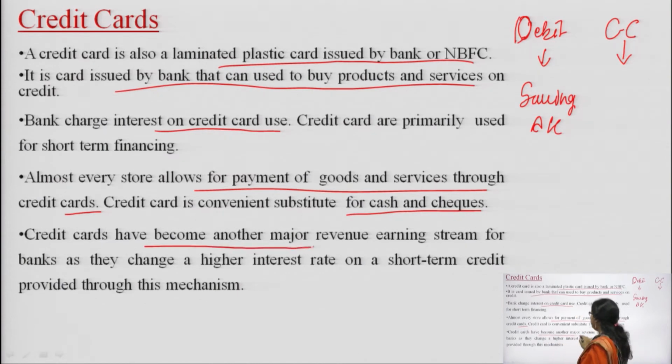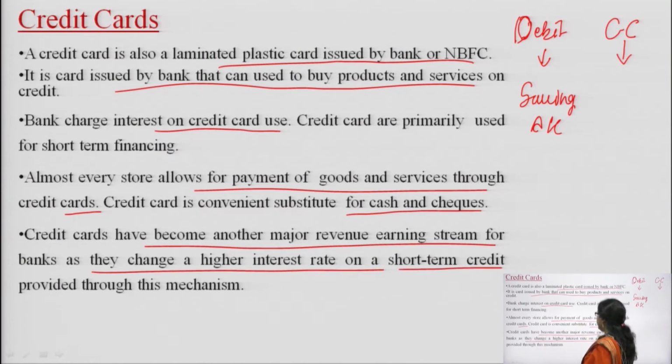Credit cards have become another major revenue earning stream for the banks, as they charge a higher interest rate on the short term credit provided by this facility. Why is the bank offering this many services? I told you that deposit is the only way of earning for the banks, but nowadays the bank is providing a number of facilities to generate more and more revenue, to create more and more credit.